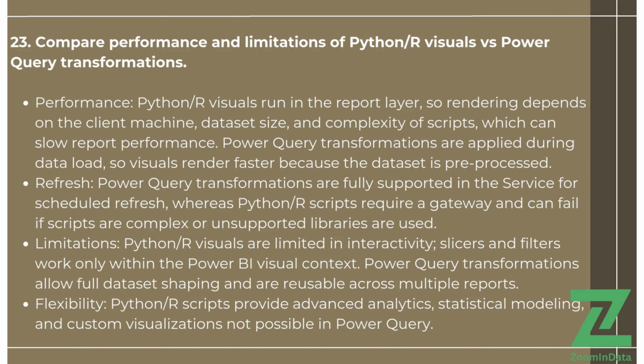Slicers and filters work only within the Power BI visual context. Power Query transformations allow full dataset shaping and are reusable across multiple reports. Flexibility: Python or R scripts provide advanced analytics, statistical modeling, and custom visualizations not possible in Power Query.